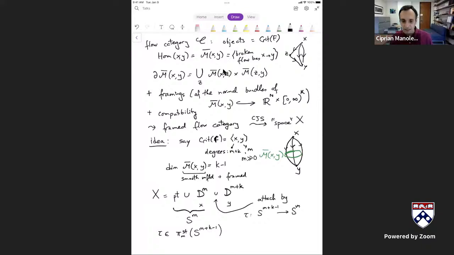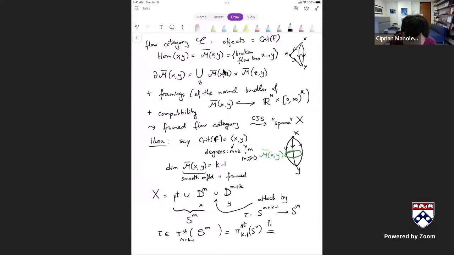We can assume that M is very large, and then this is a stable map between S^(M+K-1) and S^M, and this is an element in the stable homotopy groups of spheres. Sorry, let me try again, the other way. This is just the stable (K-1)-stem, the (K-1)th group of S^0.